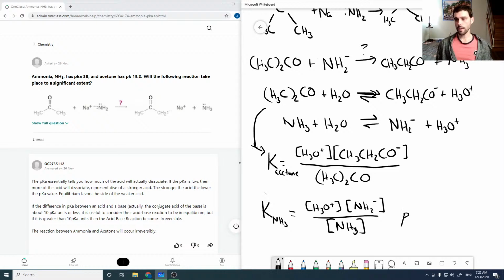So our pKa is the negative logarithm of our K NH3, and our pKa, or pK as it's given in the question there, is the negative logarithm of this K acetone. Okay, so just to write out exactly what we're being given.